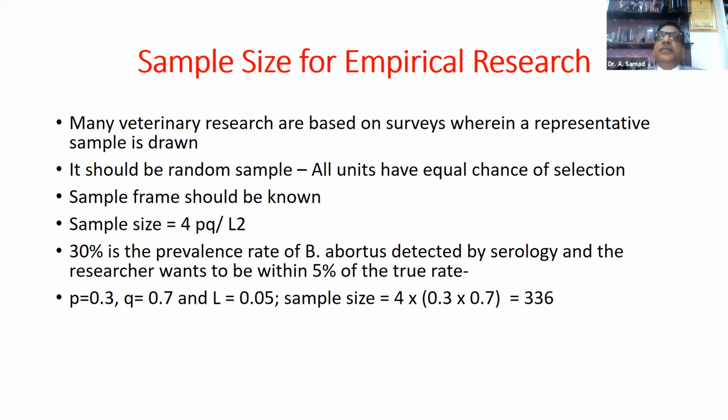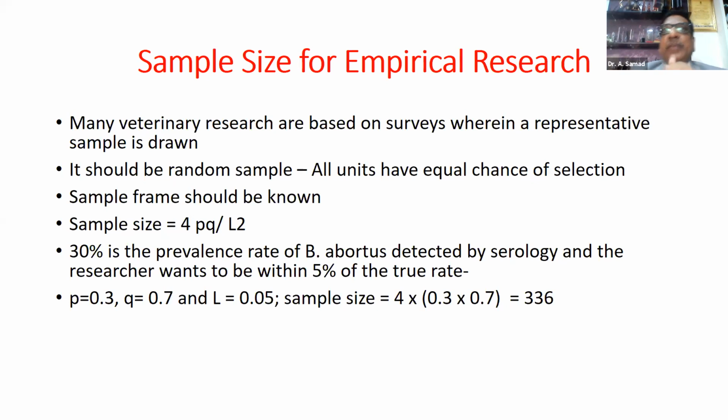Unless I look at a larger sample, I won't be able to pick up a disease which is just 0.2 or 0.5%. But if I have a disease which is 25% in the population, then even if I take a few samples, I have a chance of having a positive case in my sample. So that is why the probability is important.